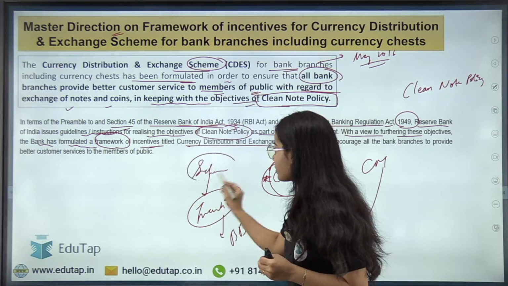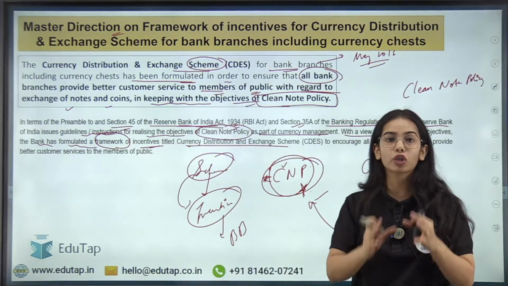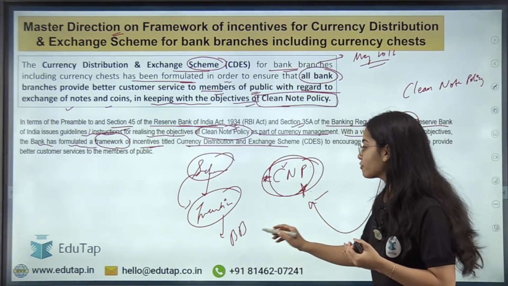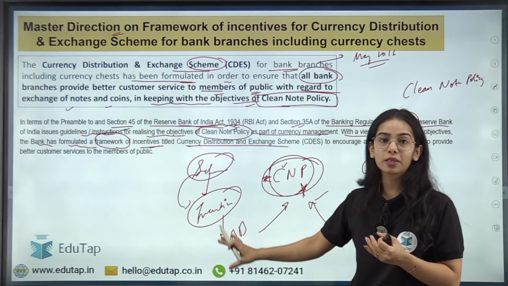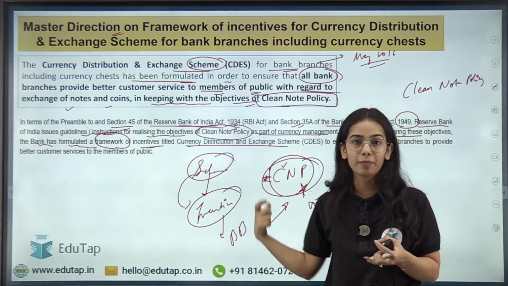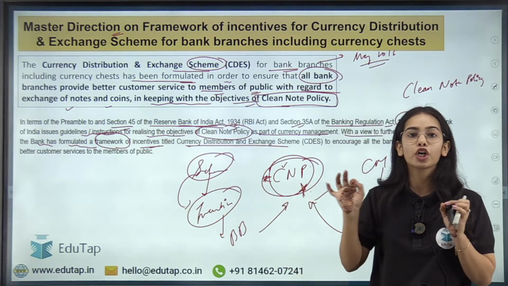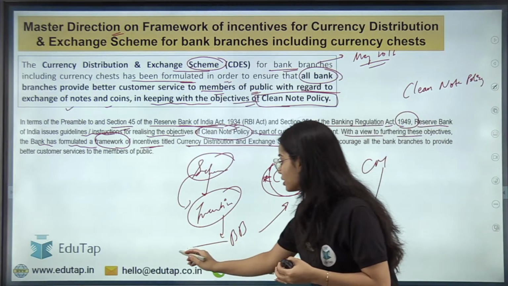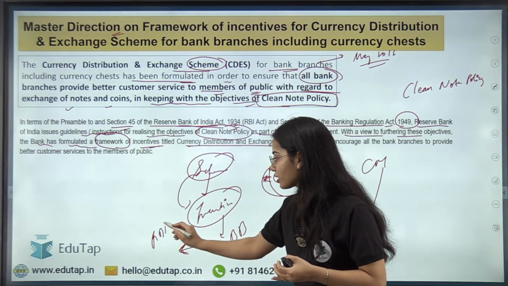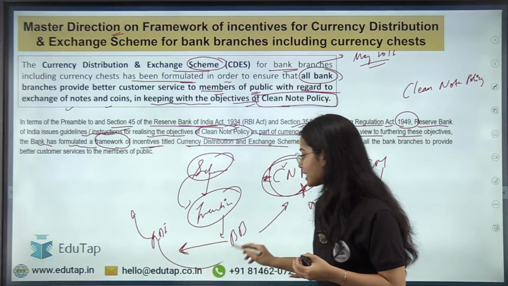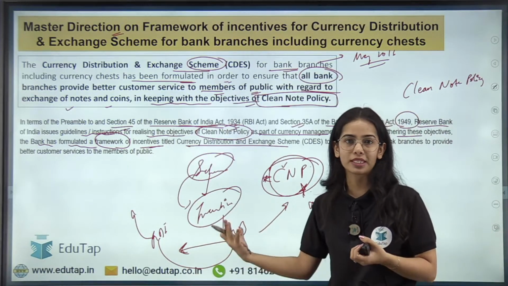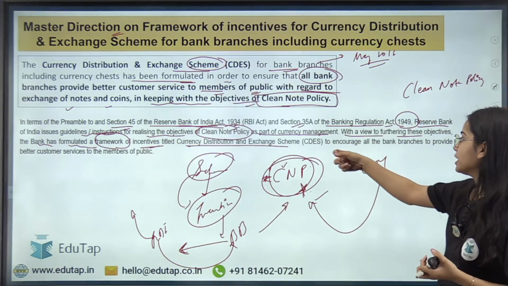It lays down the framework for providing incentives to bank branches, so that they work for the clean note policy and are happy to take the soiled notes, because the bank branches can then exchange these soiled notes with the RBI, and the RBI also provides incentives through the currency chest, which we are going to understand. But this is the basic idea, this is to encourage.